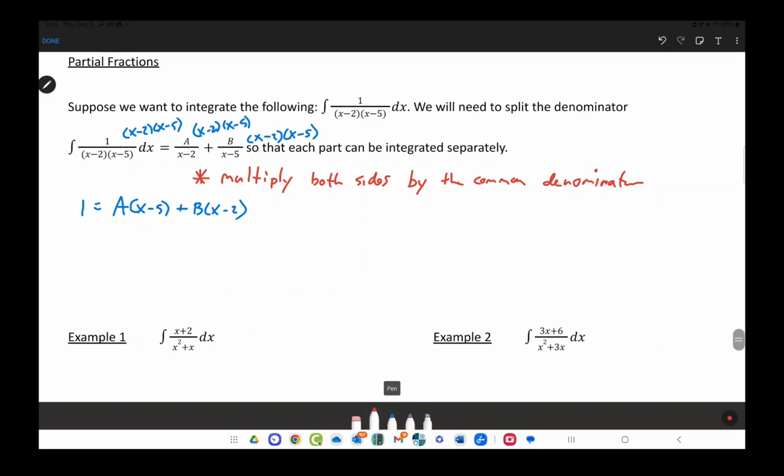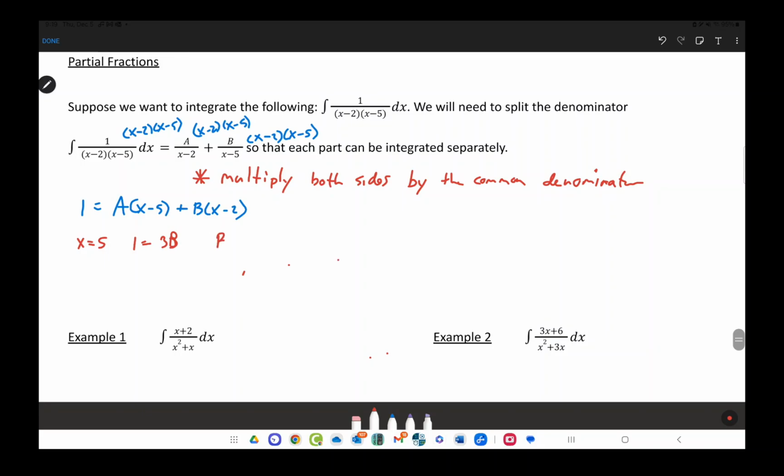What are the zeros? If I plug in x equals 5, I have 1 is equal to 3B. The A term becomes 0 times A, plus 5 minus 2 is 3, and 3 times B is 3B.